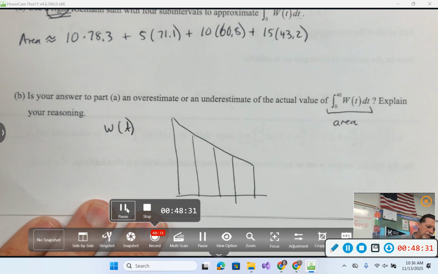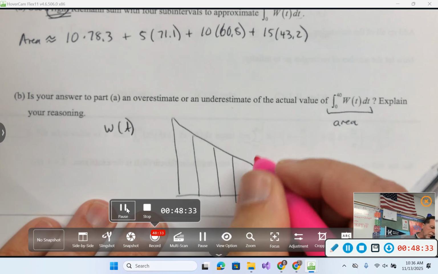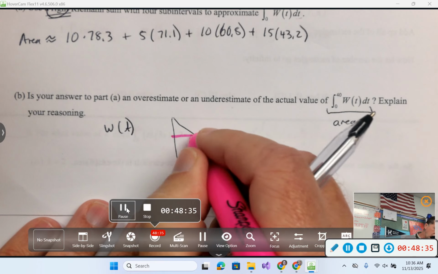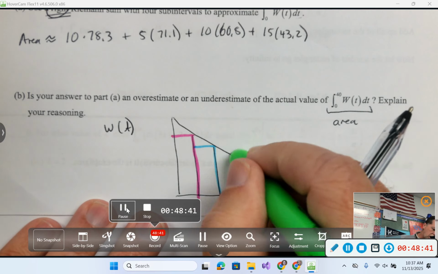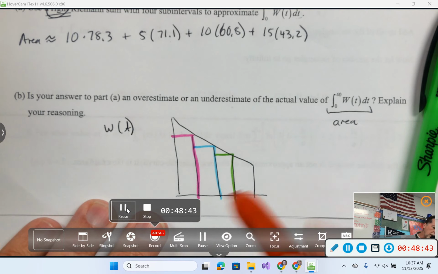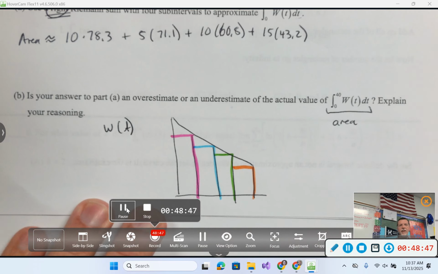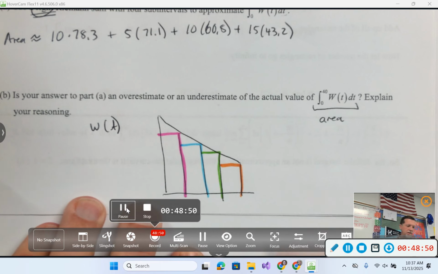This was a right Riemann sum. So if I'm coming from the right on each rectangle, what do you think about my approximation? It's definitely under. All those rectangles are under.